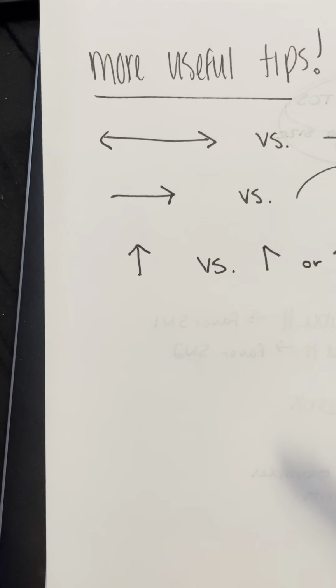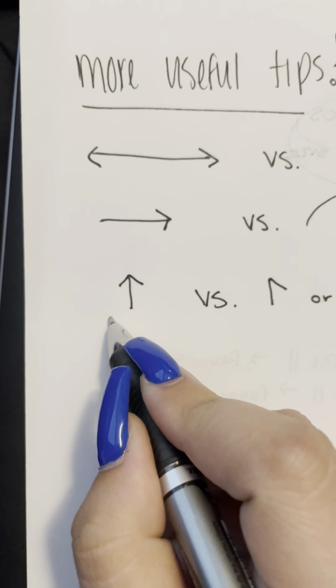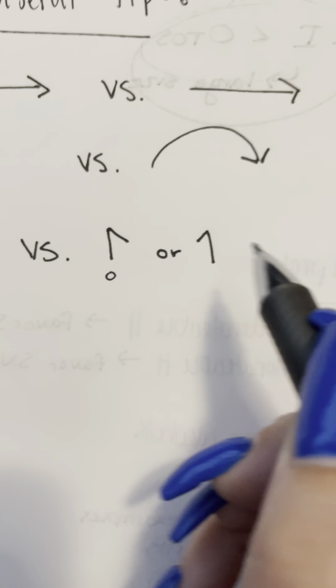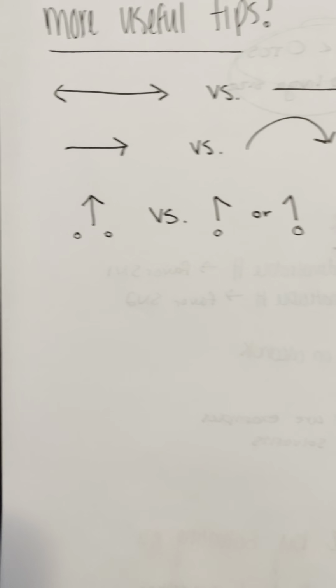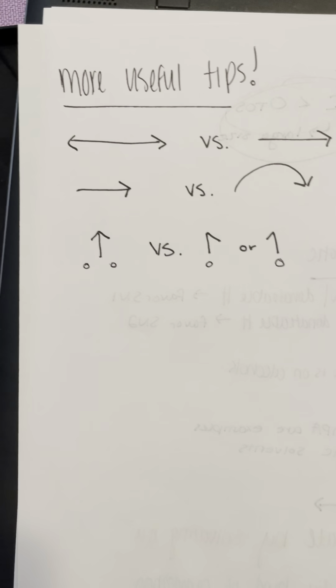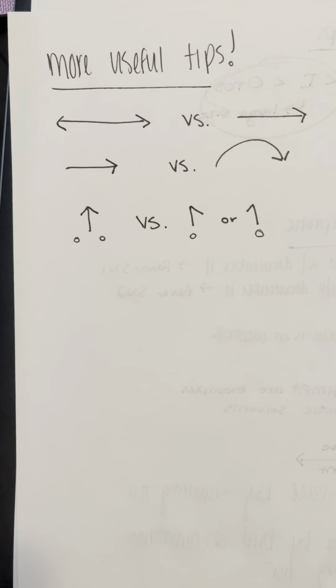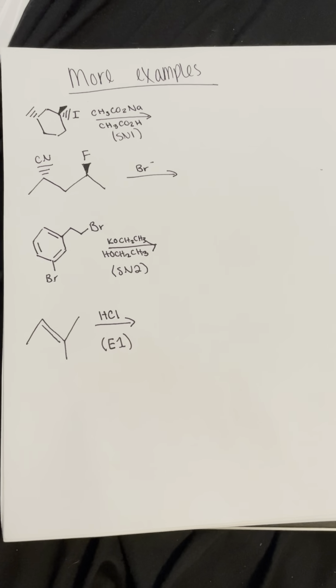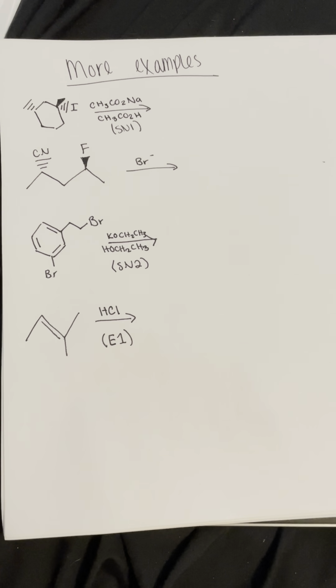Double-headed arrows usually account for 2 electrons, while single-headed arrows usually account for 1. They carry 1 electron, while the double-headed arrows carry 2. Here are some examples that we could be working on.